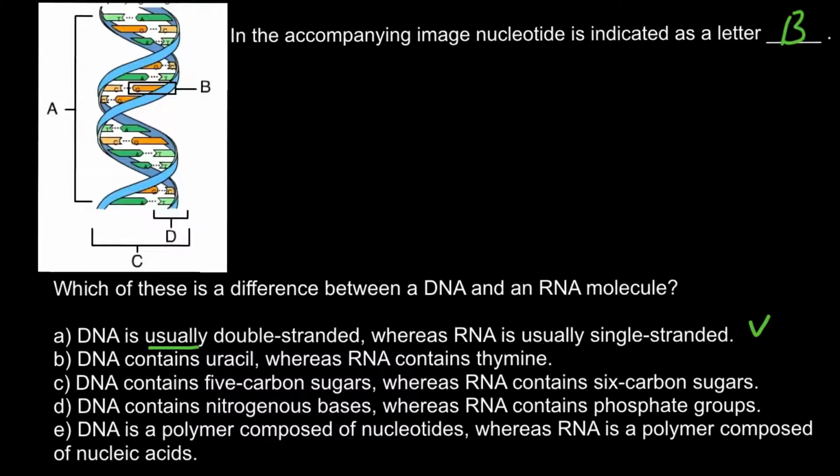Some of you may think that DNA is always double-stranded and RNA is always single-stranded, but this is not true, because there are many viruses, for example, that are single-stranded DNA viruses, and on the other hand there are viruses that have two RNA strands.